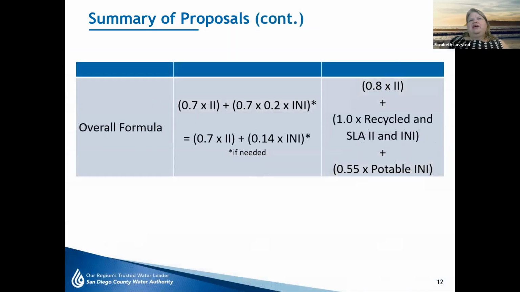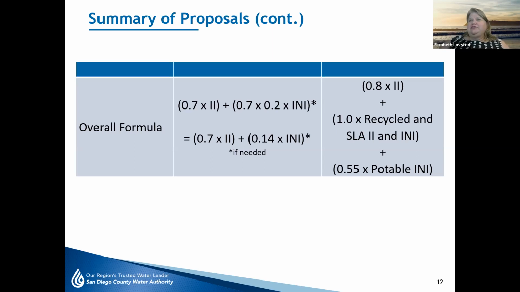So what we're looking for is an overall formula. For DWR on the left there, they're looking at 0.7 times irrigated area, and then 0.7 times 0.2 times irrigable area. And that's going to be your standard. So you're basically only going to get 14% of your irrigable area, and then you're going to get 70% of your ET applied to your irrigated area.